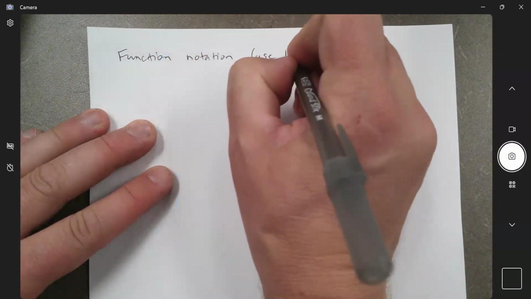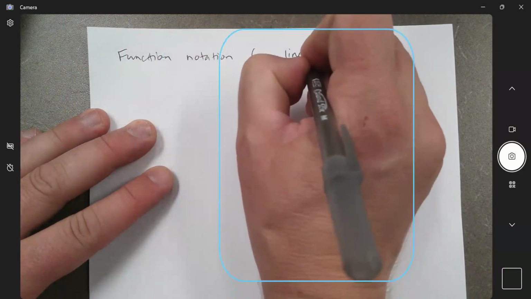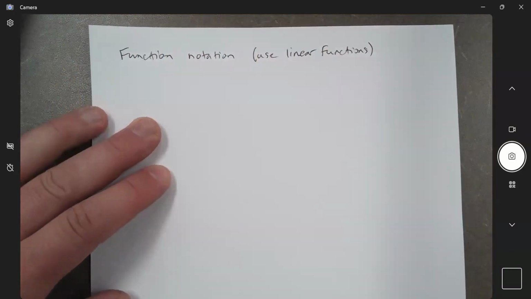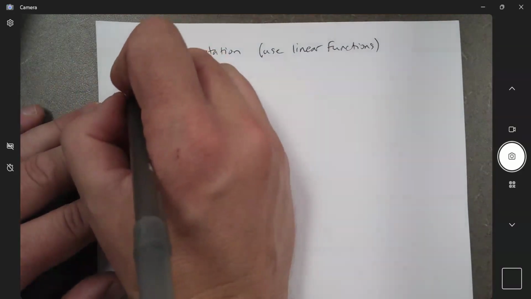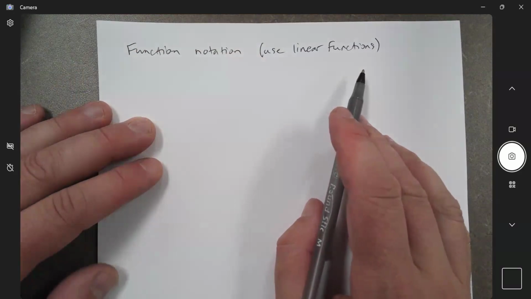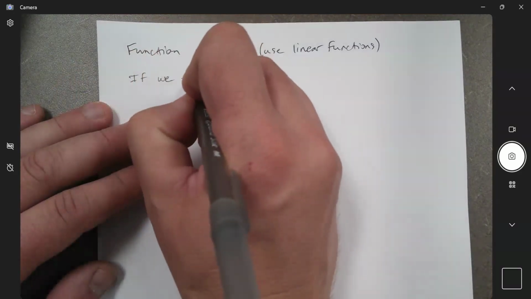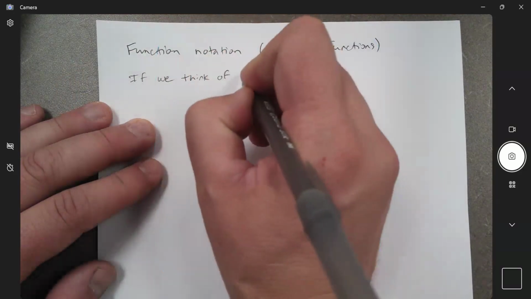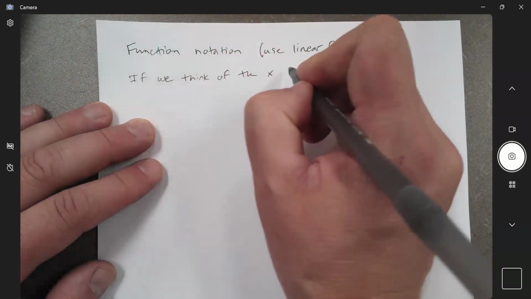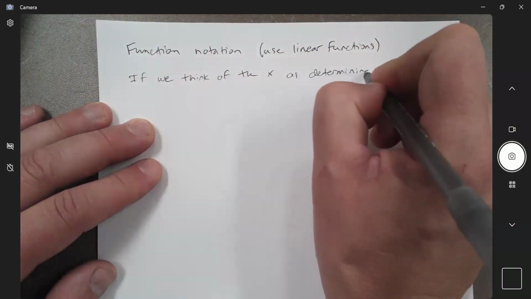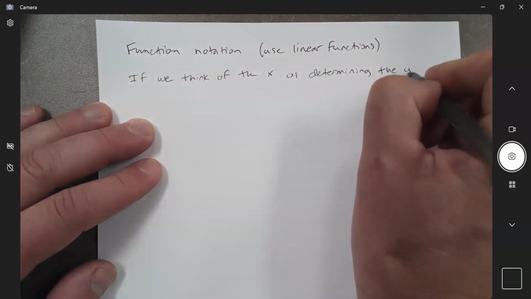And we're going to use linear functions for this. So if we think of the x as determining the y, which we have been, right?